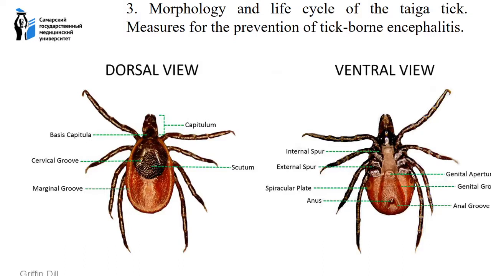The ventral view shows internal spur, external spur, spiracular plate, anus, genital aperture, genital groove, and anal groove.